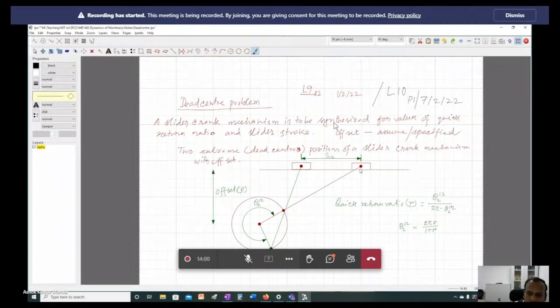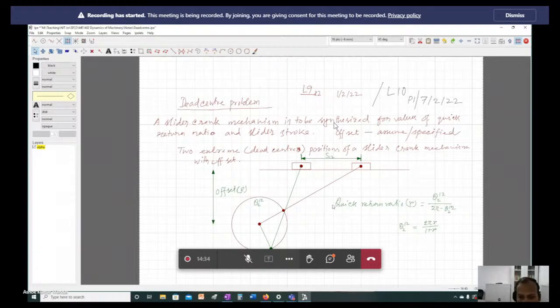So this configuration is fine, but this configuration is not a dead center because it is not an extreme position. Maybe it is some intermediate position. What we can do to demonstrate is modify this drawing a little bit.